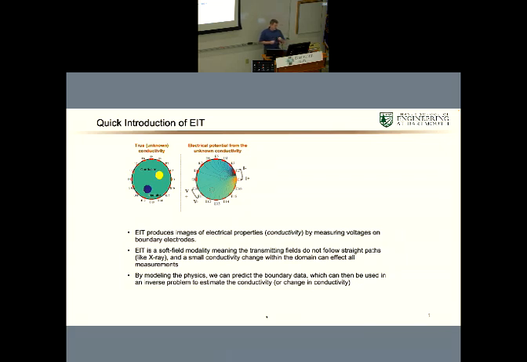You have electrodes around the outside, and some unknown conductivity inside. Right now, say it's a conductor and an insulator. We measure a whole bunch of data on the outside: we have source and sink of current through different series of electrodes, measure all those sets, and then we try to make an image. So that's the goal.